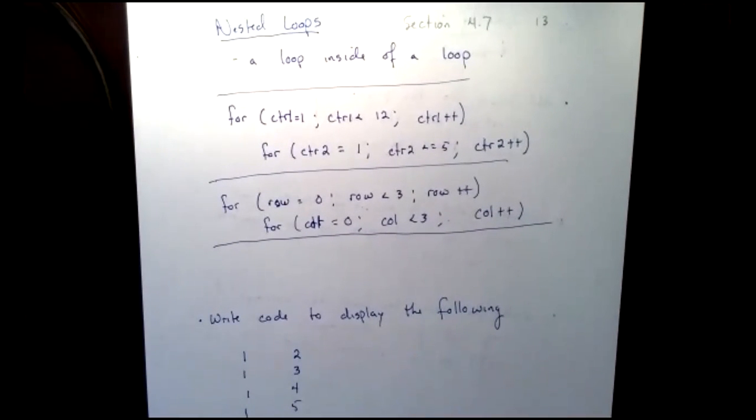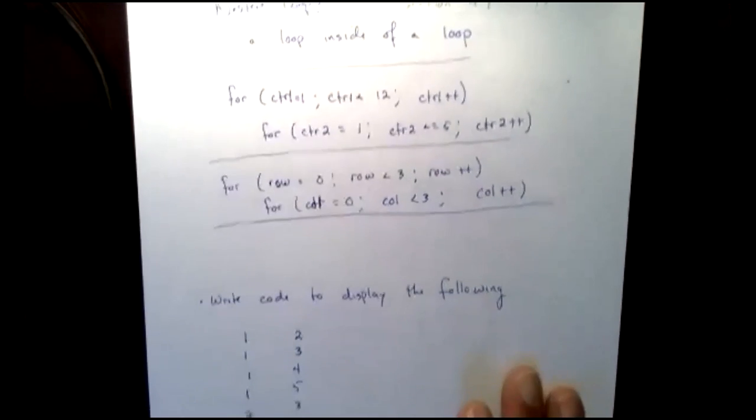I say for counter 1 equals 1, counter 1 is less than 12, counter 1 plus plus. Right below that, I have the nested loop. For counter 2 equals 1, counter 2 is less than or equal to 5, counter 2 plus plus. Well, let's see how that works.